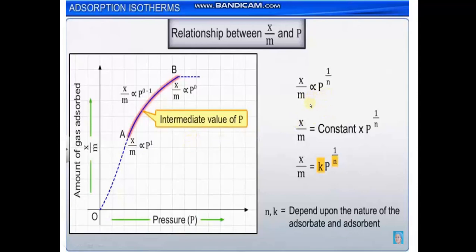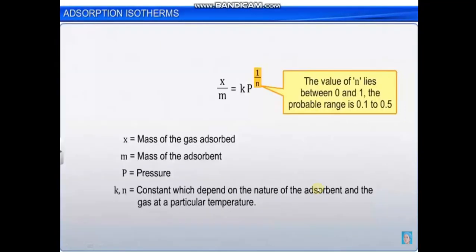So, dear students, when X upon M is proportional to P raised to the power 1 by n, X upon M is equal to constant into P raised to the power 1 by n. The constant is denoted by letter K, and n is also constant. n and K depend upon the nature of the adsorbate and adsorbent. The value of 1 by n lies between 0 and 1, and the probable range is 0.1 to 0.5.